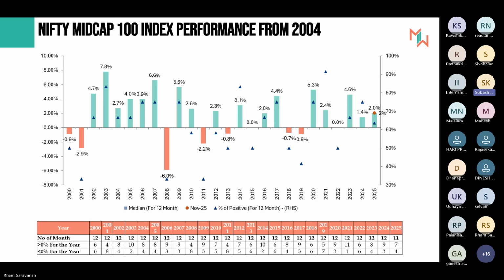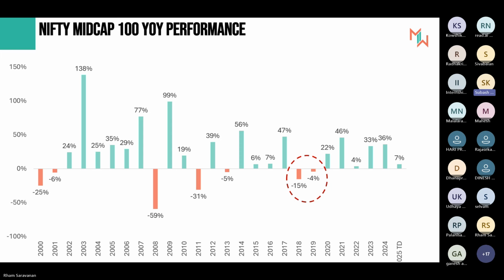Coming to 2018 to 20, in 2020 everyone says it was a global crisis, but by the end of the year we had significantly recovered, with 9 months of positive return. In 2021, it was a strong upward trend, 11 months with only 1 month negative. So everything goes beyond sentiment. The only thing is you should stay invested and focus on the longer run. If you focus on the longer run, the reward will be better.